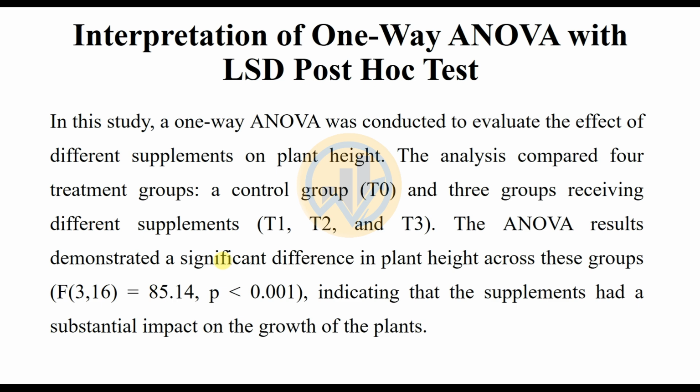F, with degrees of freedom 3, 16, and a mean value of 85.14, with significance p less than 0.001, indicating that the supplements had a substantial impact on the growth of the plant.